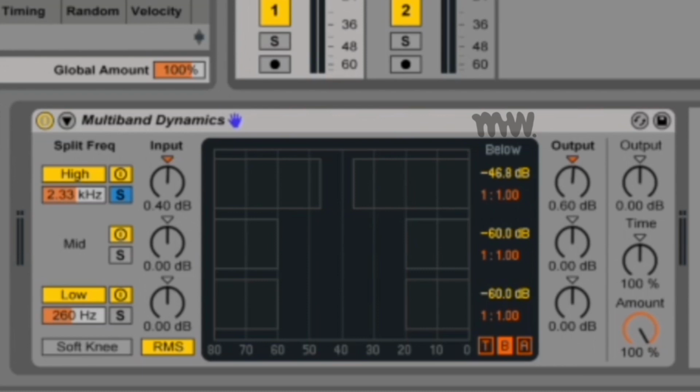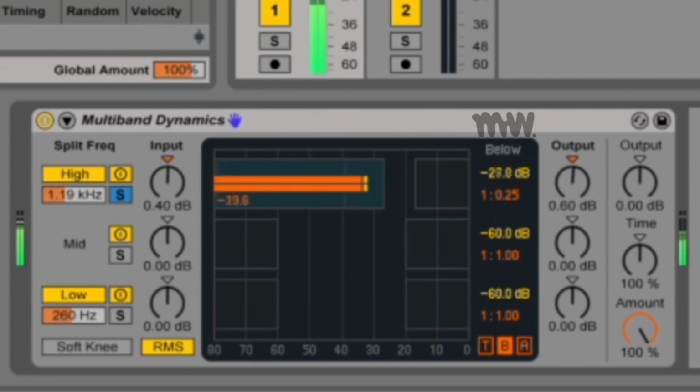So I'm going to change the controls. I'm going to compress the signal quite a lot so that my orange signal, my after signal, is going to be a lot softer than the incoming one, which is the yellow one, and then you'll be able to see the difference a bit better. Alright, so there you can see it quite nicely, how the signal is being compressed quite a lot compared to the original yellow signal.